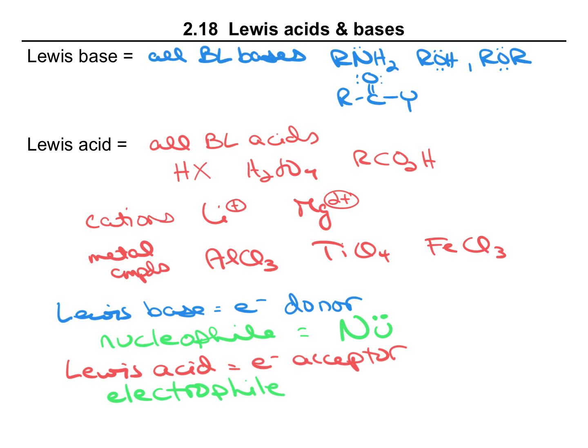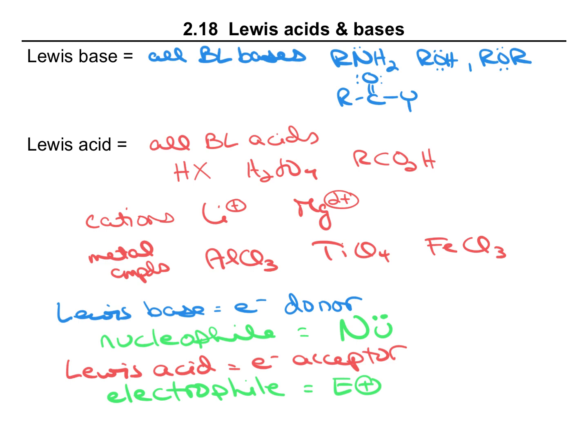The symbol that I use for electrophile is an E plus, E for electrophile, and then the plus, this reminds me that it has positive character, that it needs electrons, and so it will accept electrons. So again, not all nucleophiles have lone pairs, not all electrophiles have a positive charge. These are just symbols that can help you to remember the characteristics.